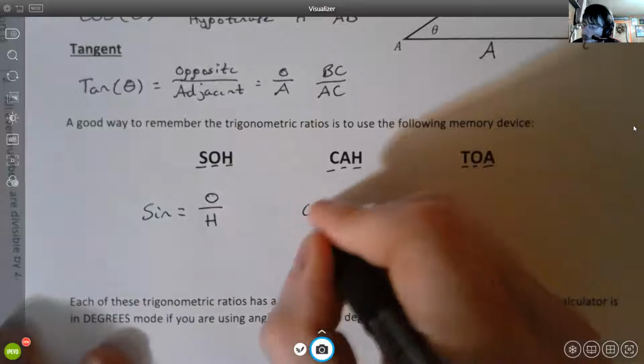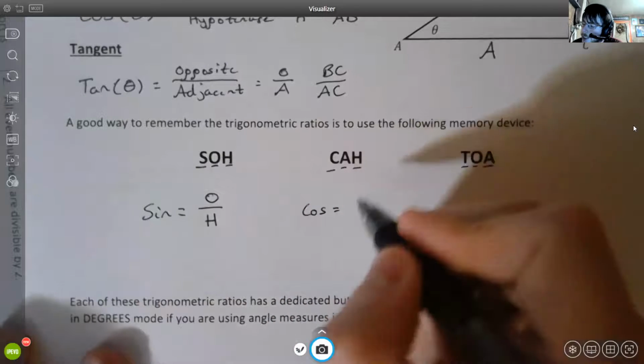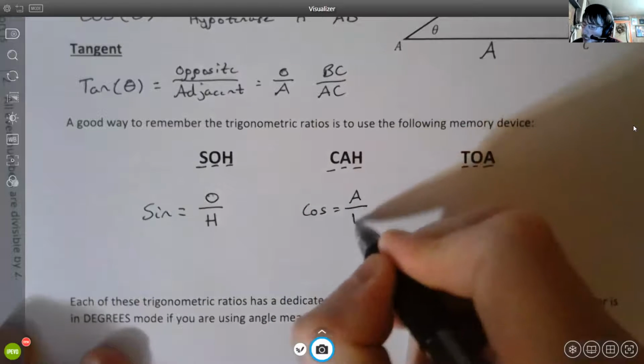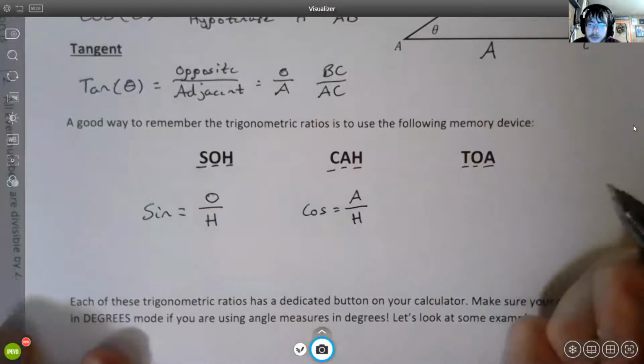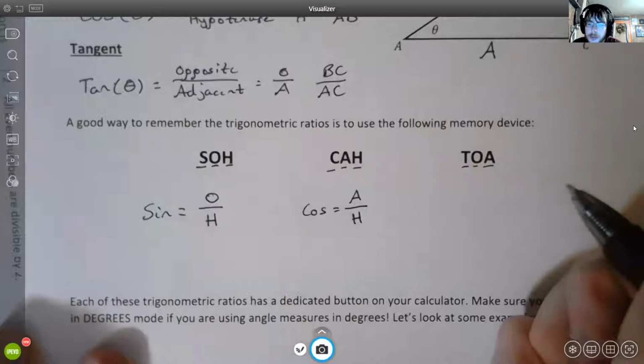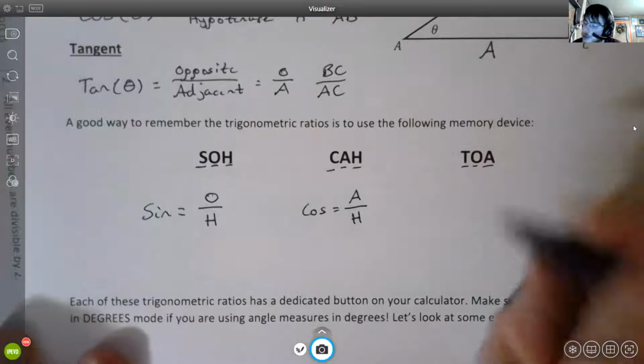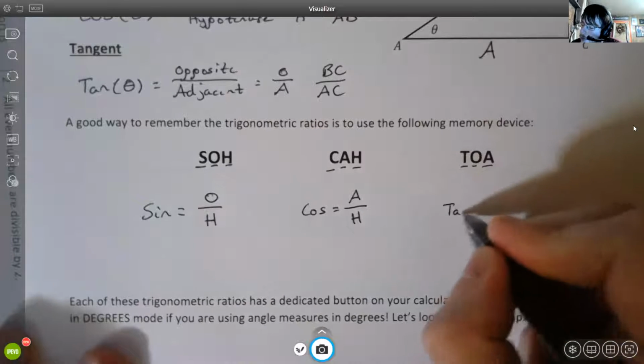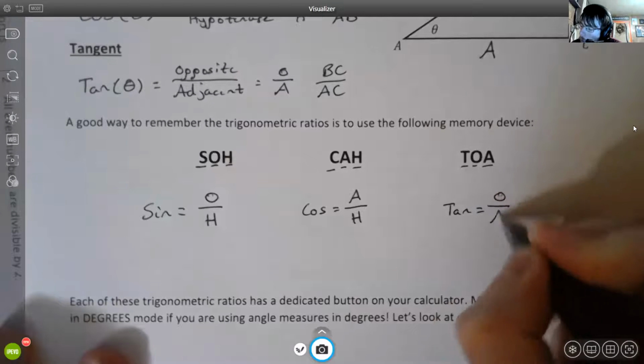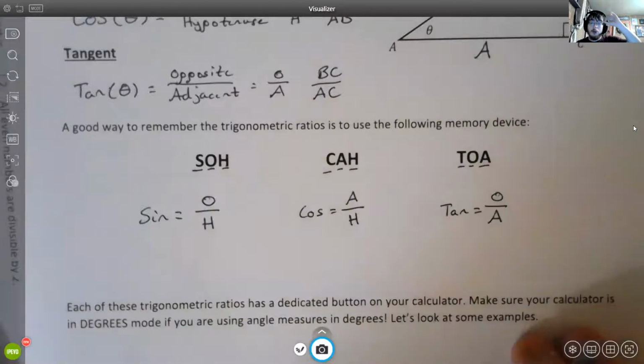So C stands for cosine, and that's equal to A over H. And then finally, TOA, you have tangent is equal to O over A. It's important that you make sure that you get these patterns memorized, and know when to use them.